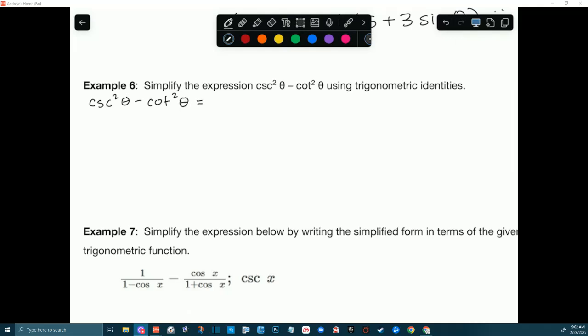And looking at that, without any other context, my instinct is to go back to basic definitions. I know cosecant is 1 over sine, so this is 1 over sine squared theta minus, and for that second fraction, I know cotangent is cos over sine.